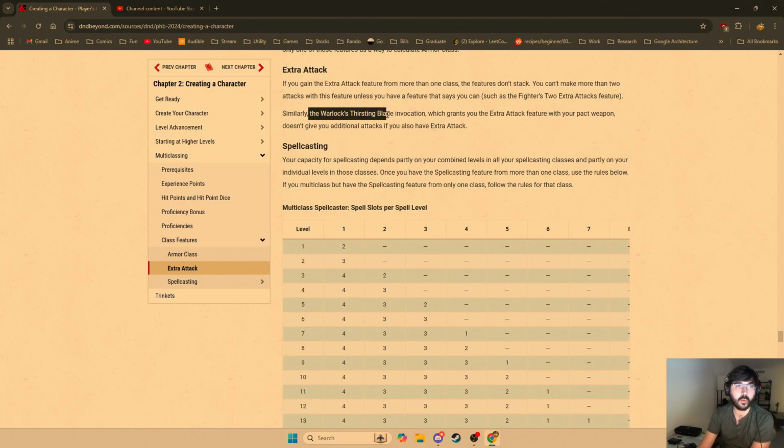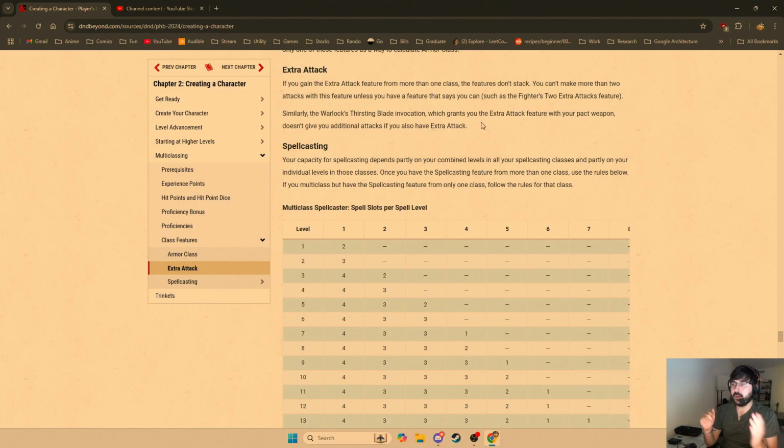Like here, they call out the Warlock's Thirsting Blade Invocation, which grants you an extra attack feature with your pact weapon. It doesn't give you an additional attack if you already have an extra attack. So if you were a Fighter, let's say, and you had 2 attacks, and then you went into Warlock and got Thirsting Blade, you then wouldn't get 4 attacks because it would trigger multiple times.